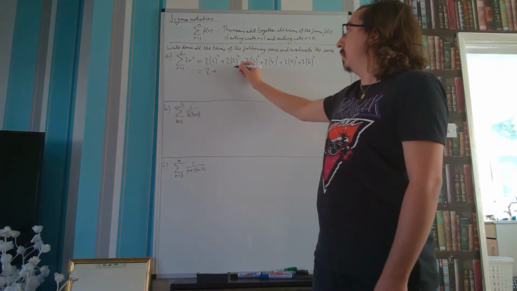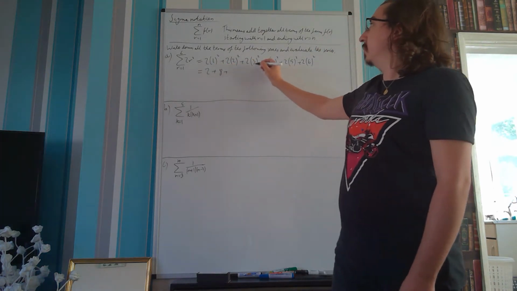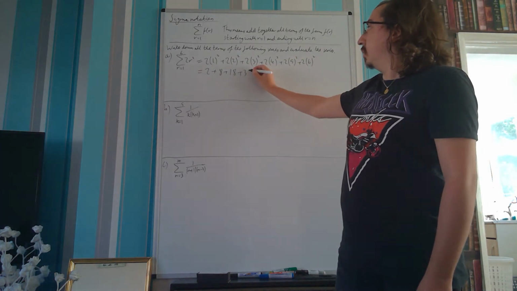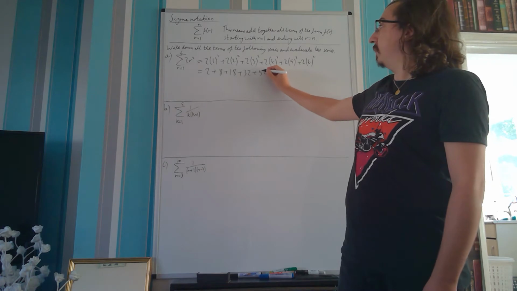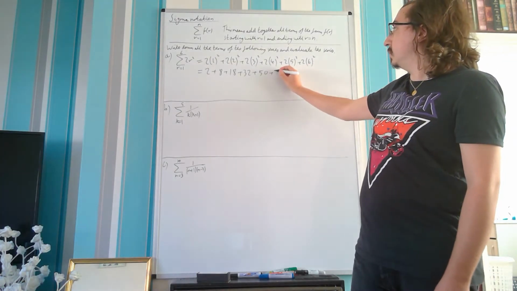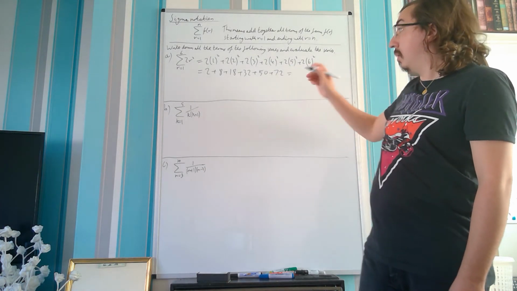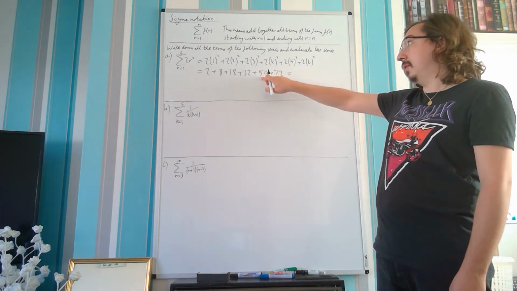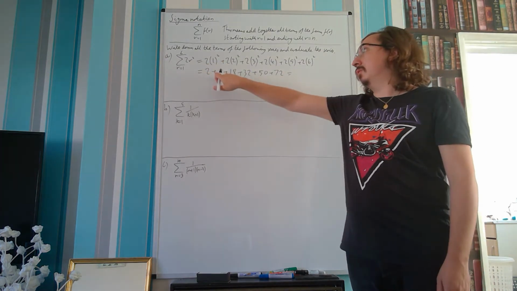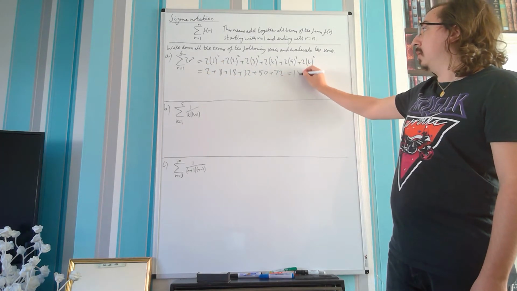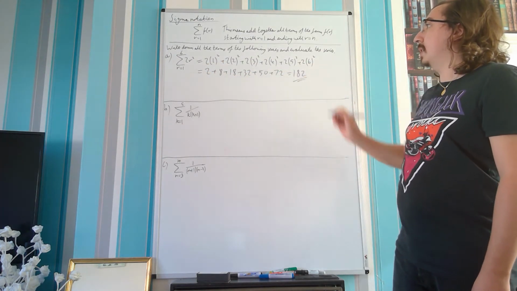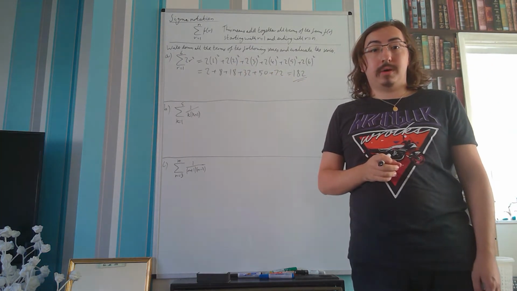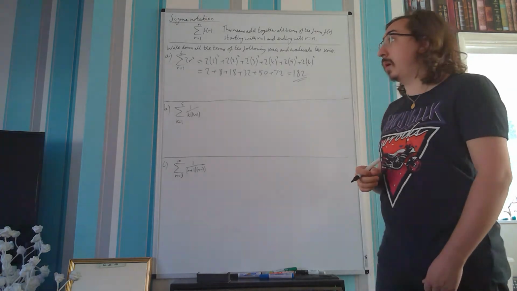First term is 2 plus 8 plus 18 plus 32 plus 50 plus 72, which if you add these together, 18 plus 32 is 50, plus another 50 is 100, plus 10, 110, plus 72 gives us 182. And that's what we get for the summation of 2r squared between r equals 1 up to r equals 6.